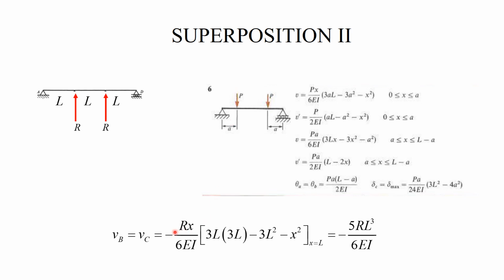Minus, because my forces are up, forces here are down. Instead of L, I will substitute 3L. Instead of A, I will substitute L, and I evaluate at x equal to L, and here's the answer.